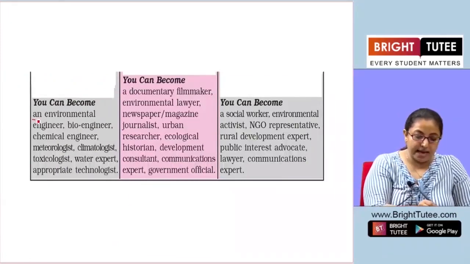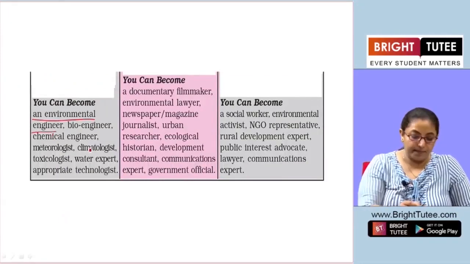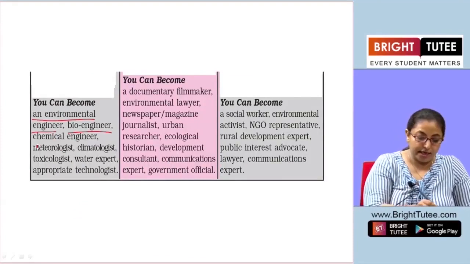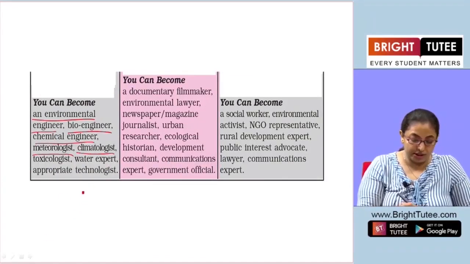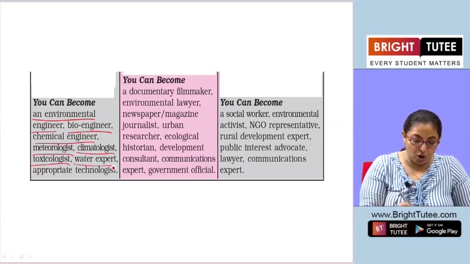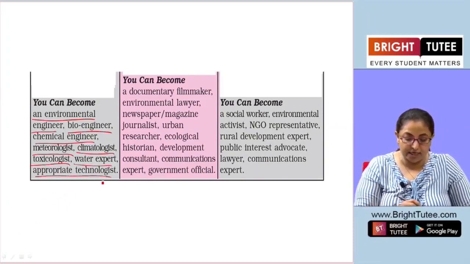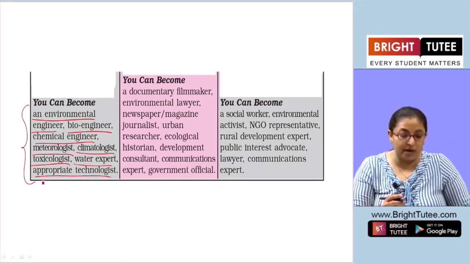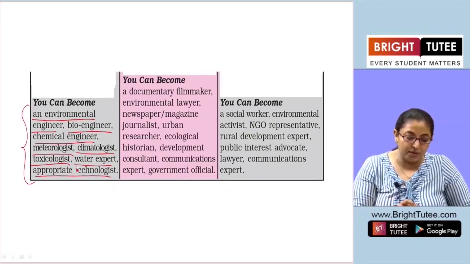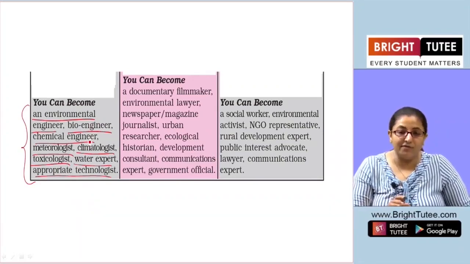They can become an environmental engineer, bioengineer, chemical engineer, meteorologist, climatologist, toxicologist, water expert, appropriate technologist. These things require physics, chemistry, biology and maths. So these people can become any kind of engineers.